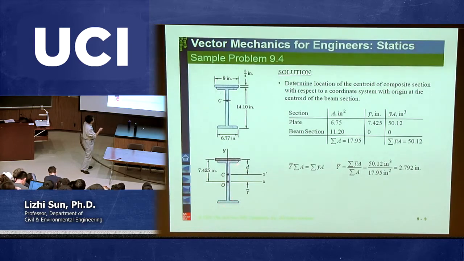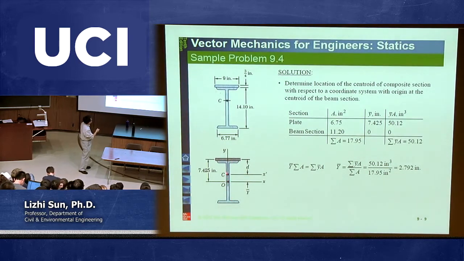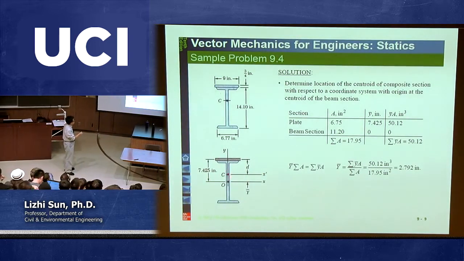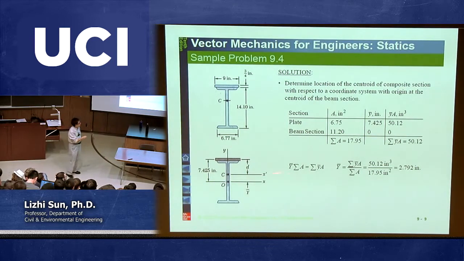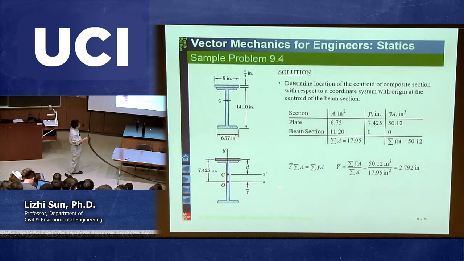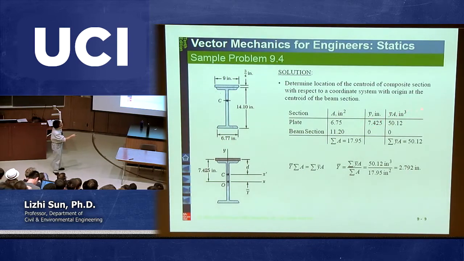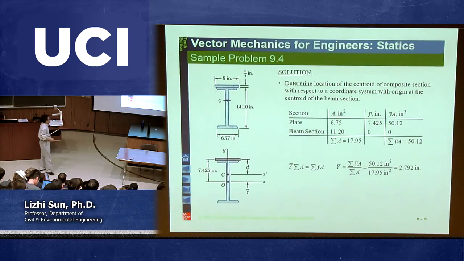The centroid of the whole structure is here, so we need to identify this C. From this C to O is what we call y bar, because it's in the vertical direction. You may ask, what is x bar? Due to symmetry, x bar has to be equal to 0. That's why we don't list x bar here, because it's going to be equal to 0 for the global one. That's why we only want y bar.